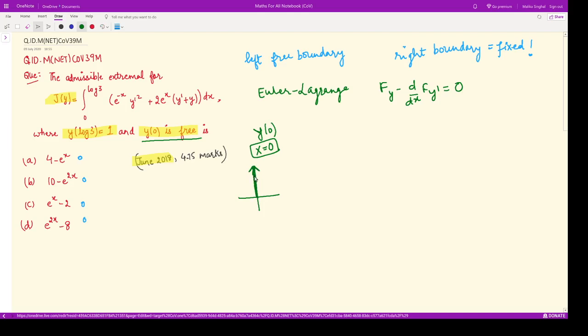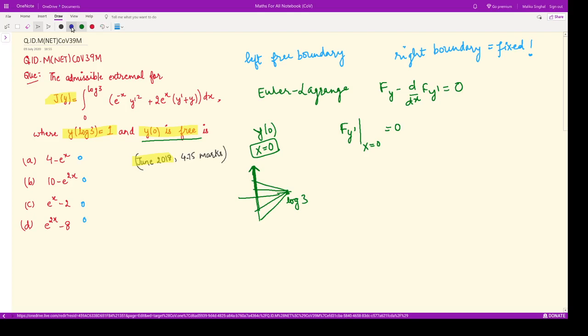So we can say that our extremal could move, say this is log of 3, and the extremal could have any values like this. In this case, the extra condition required would be f of y dash at the left boundary, at the point x is equal to 0, is 0.